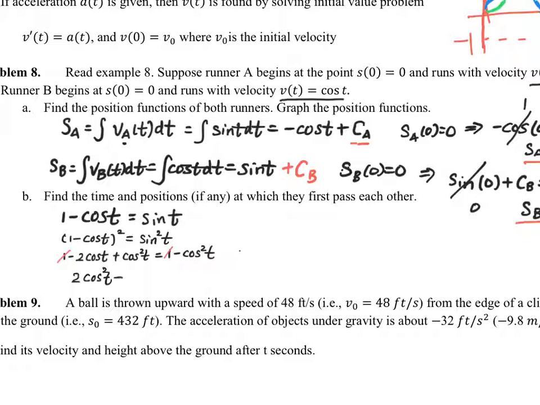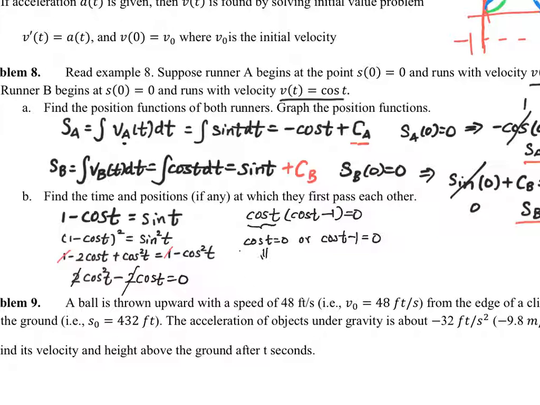And we also have another minus 2 cosine t here, equals 0. First of all, we can divide both sides by 2, get rid of the 2, and then factor out the cosine t. So we're left with cosine t times (cosine t minus 1) equals 0, which means cosine t equals 0, or cosine t minus 1 equals 0.